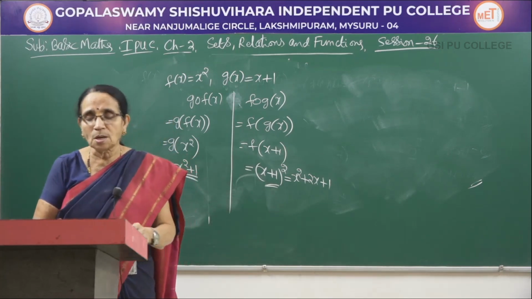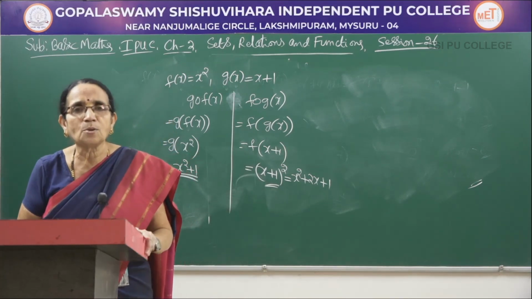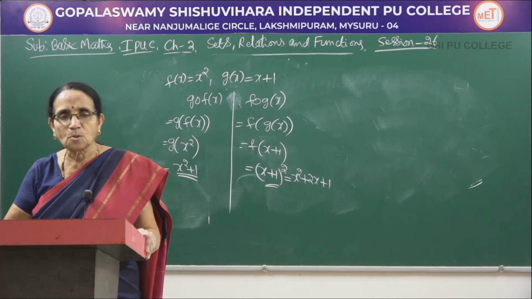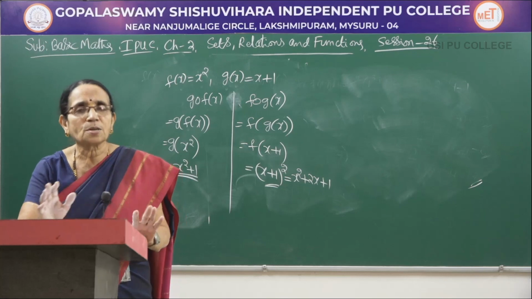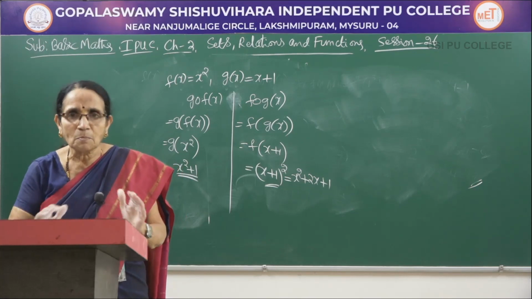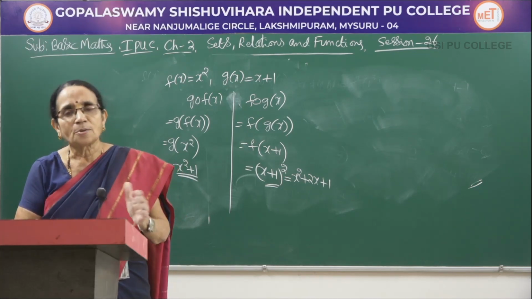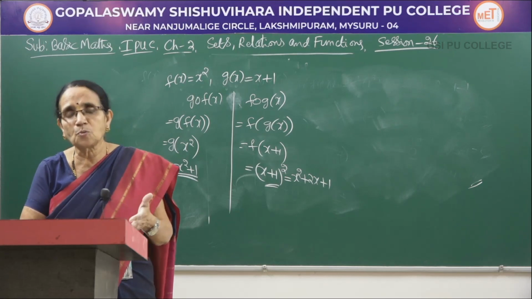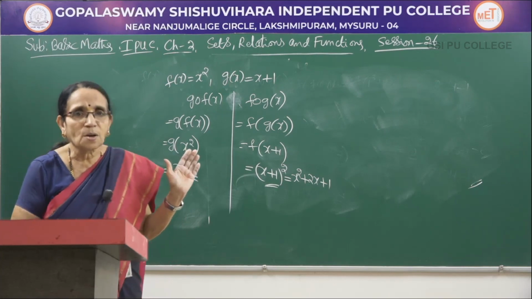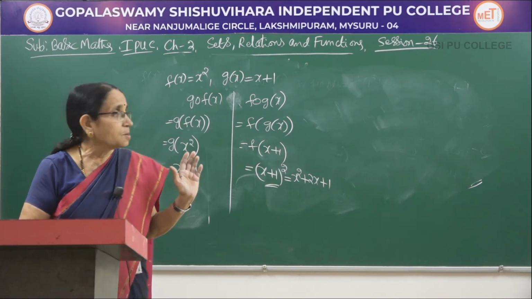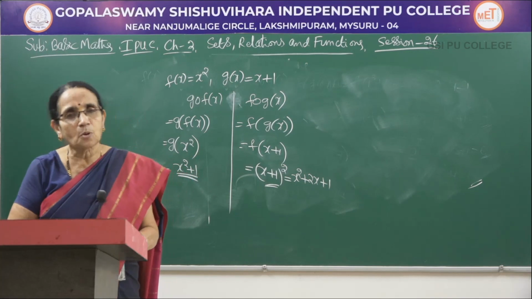Now, this is the procedure we adopt to find the values of the composite function. Instead of applying one function, we take 3 sets and 2 functions would be separately applied. By combining, the first set would be connected with the last set. So, this is how we define the composite function.